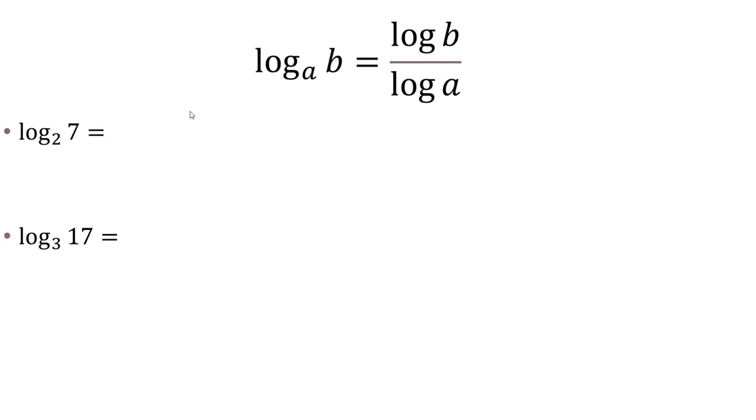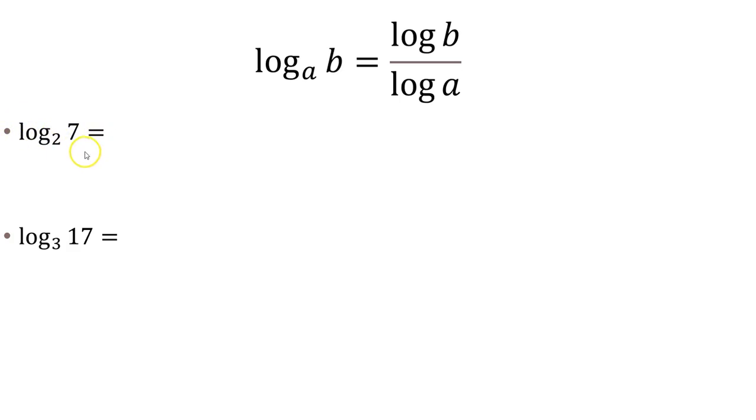Now, when we look at most of our calculators, we will find that we have two bases on our calculators. We have log base 10, often just called log, and we have ln, natural log, that's log base e. Well, what if we're looking at a problem like this? We have the log base 2 of 7.